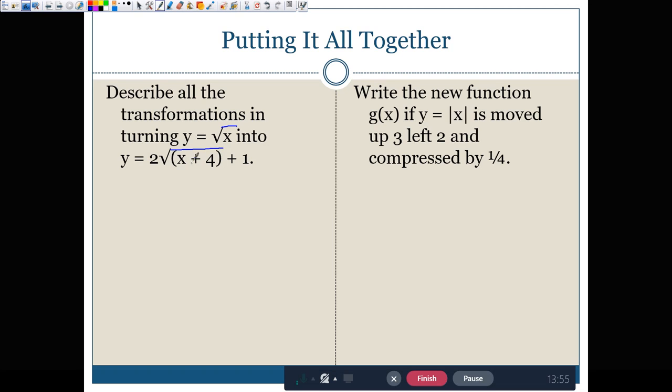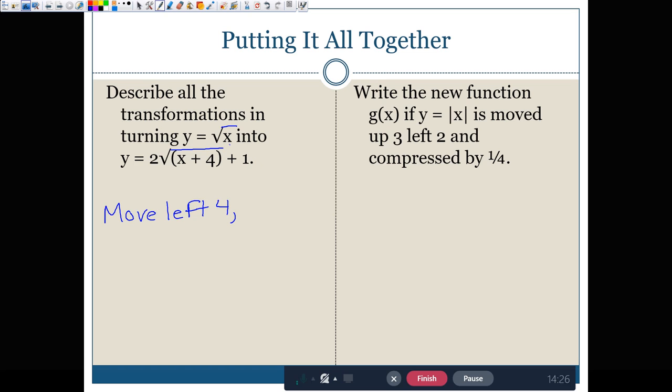So I have x plus 4 on the inside. So on the inside, that's going to be my horizontal translation. That's going to be either right or left. I am adding 4. So that's going to be to the left, okay? So I'm going to move left 4. Now I'm working my way out. I have a plus 1 on the outside, so that's going to be a vertical translation. Am I going to be moving up or down?